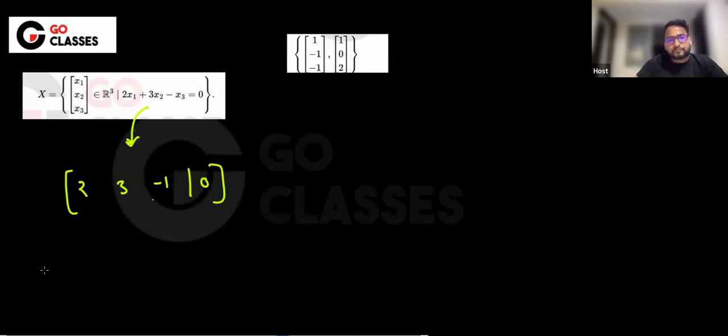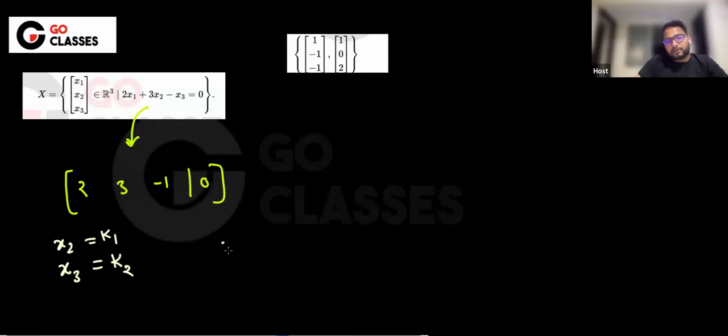Okay. Now let's solve the system of linear equations. First, we will be making a pivot, and then we will have the free variables, and we will be assuming, let's suppose, x3 equal to k2, x2 equal to k1, something like this, right?